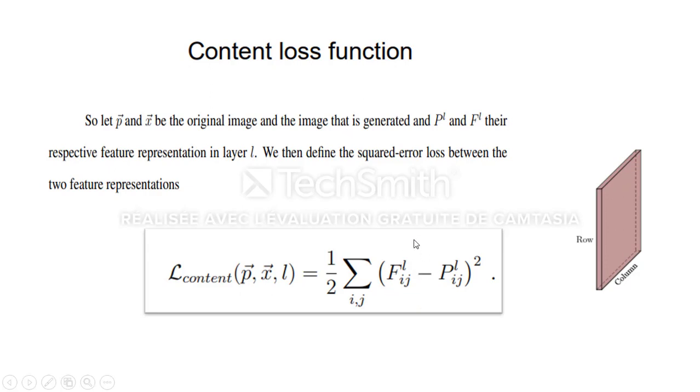I have here my feature representation in layer L of my content image, and this is the feature representation of my generated image, or my image that I want to generate. Okay, so I'm calculating this norm, which is going to be the summation over i is the row and j is the column, squared. Okay, so this is for the content loss.